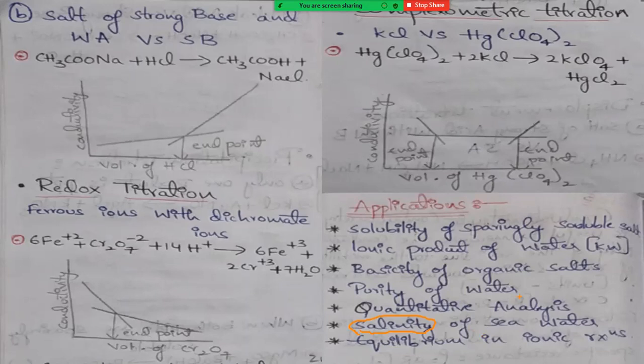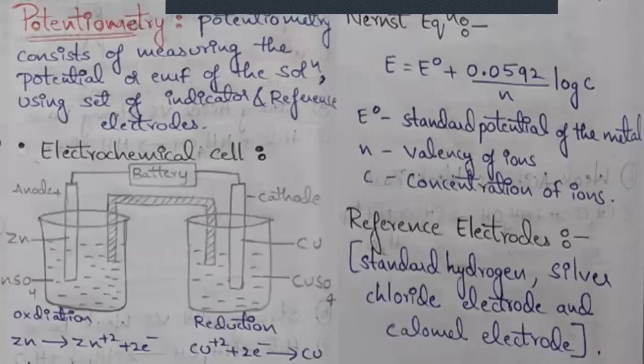So this is the first topic that we have covered in unit 5, conductometry. And what about the second topic? The next topic is called potentiometry, right? So what is potentiometry? Potentiometry is also an electrochemical method. Why? Because here also we are using electrodes, but here we are not measuring conductivity, we are measuring potential values.